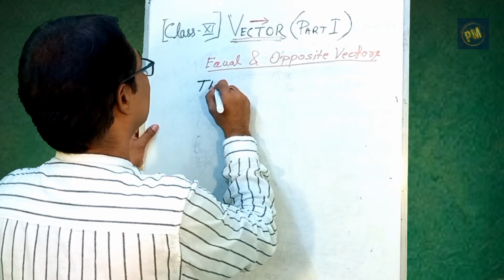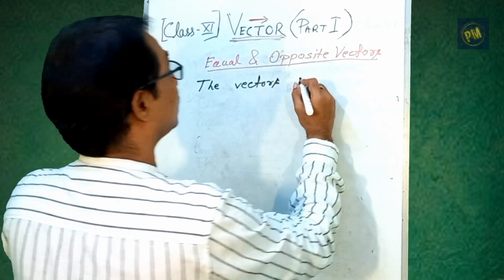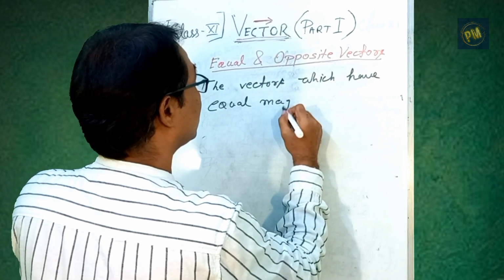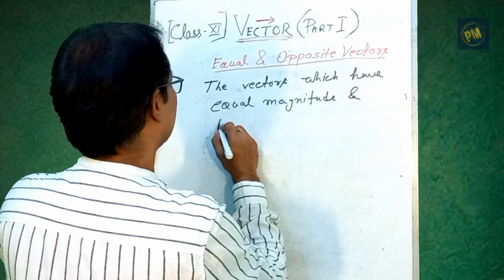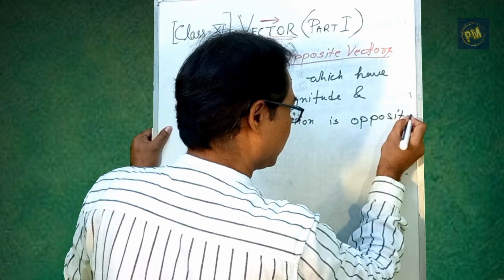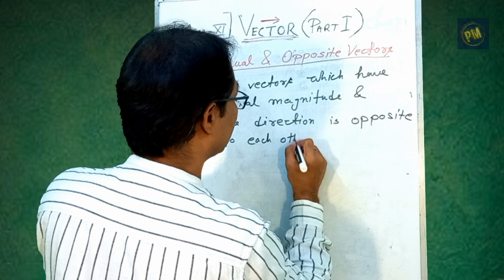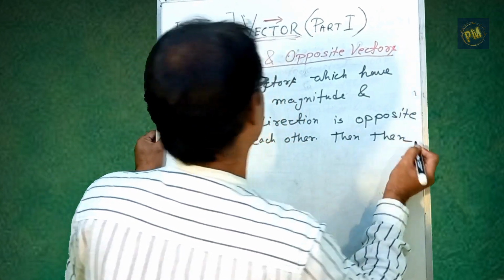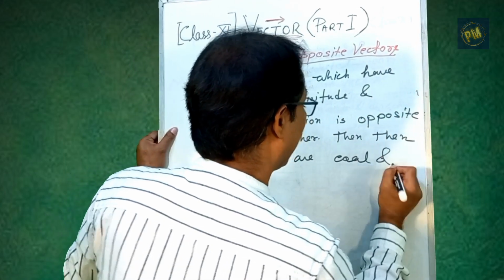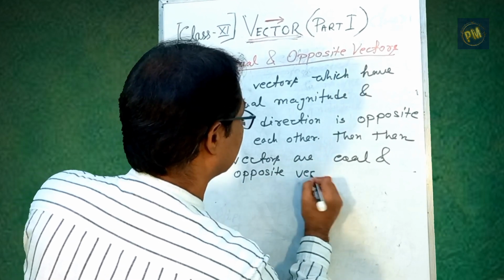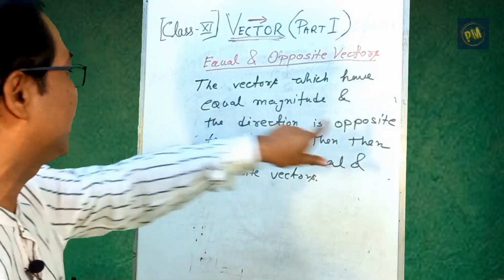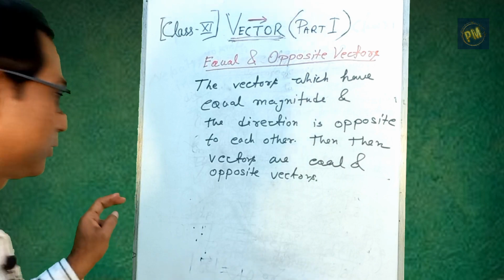The vectors which have equal magnitude and the direction is opposite to each other, then the vectors are equal and opposite vectors. Just take an example.